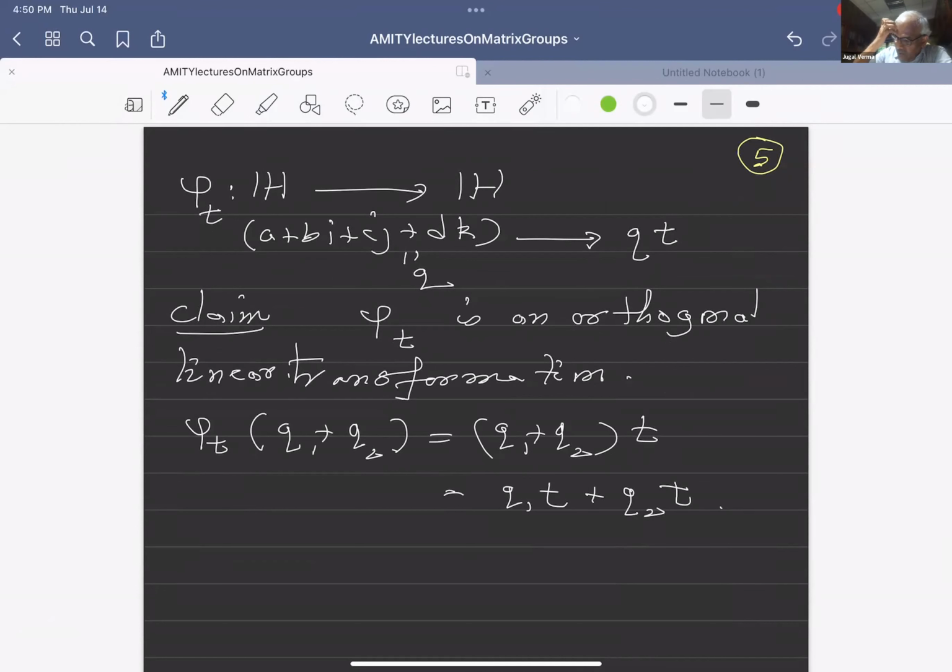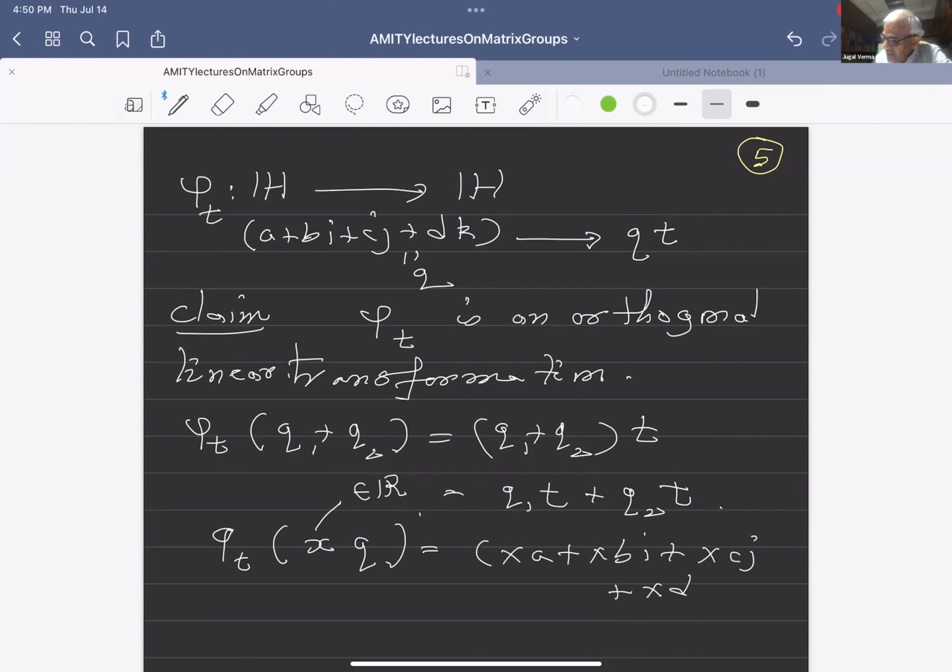Multiplication is distributive among quaternions. Quaternions form a ring and it satisfies two distributive laws. Then if I multiply by a real number x, the quaternion xa plus xbi plus xcj plus xdk times T is the same as x times qT, so x times phi T of q.